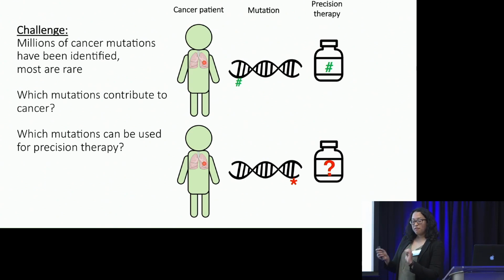And so it's hard to pick out which of those mutations are actually functioning. So some of the questions we ask are: which of these mutations we're seeing in patients contribute to cancer, and out of those mutations, which ones can actually be informative for precision medicine?